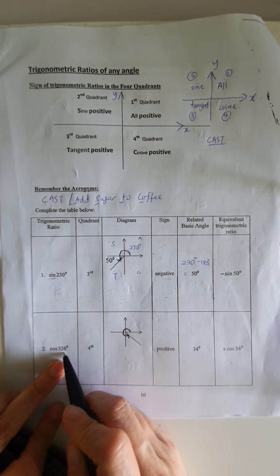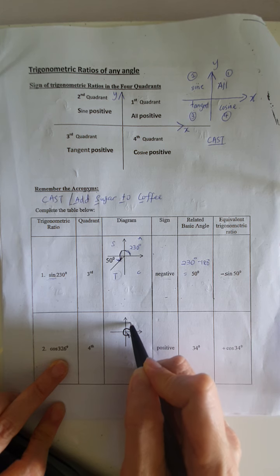Okay, let's look at the second question. Cosine 326. Cosine 326 degrees is actually here, in the fourth quadrant. So I put down the fourth here. In the fourth quadrant, CAST, only cosine is positive. This is cosine, so it is positive.